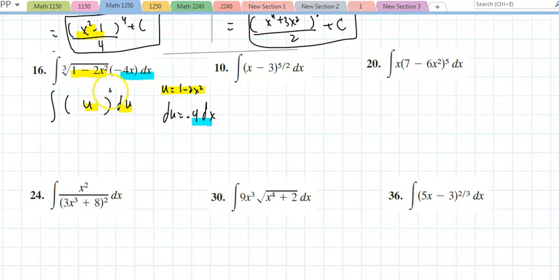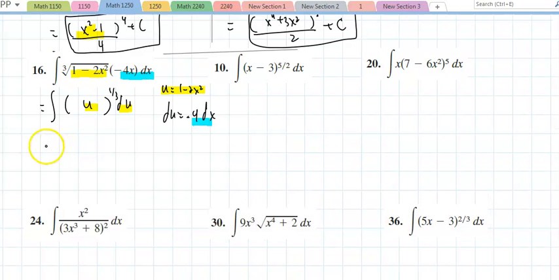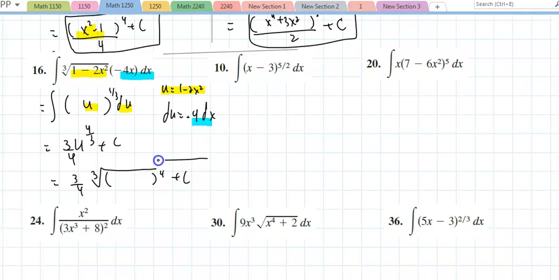A radical, isn't that a 1/3 power? Don't you add 1 to the power and divide by that? So add 1 to the power. 1/3 plus 1 is 4/3. And when you divide by a fraction, you multiply by the reciprocal. And do not forget, this is the cube root of u to the 4th plus c. Don't forget to bring u back into the equation. What was u?